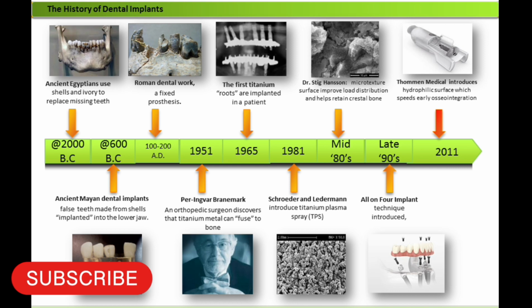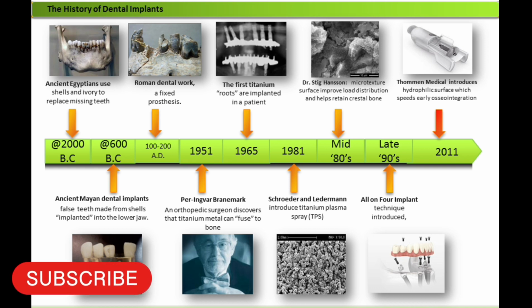In 1940, Dahl proposed intramucosal implants or button implants. Then in 1951, Denmark demonstrated that under controlled conditions, titanium could be structurally integrated into living bone with a high degree of success. Then in 1965, the first titanium roots were implanted in a patient.